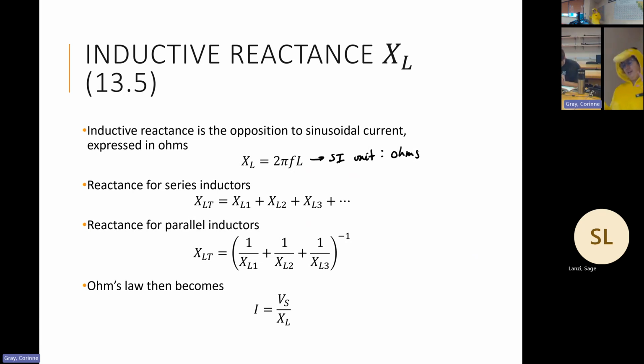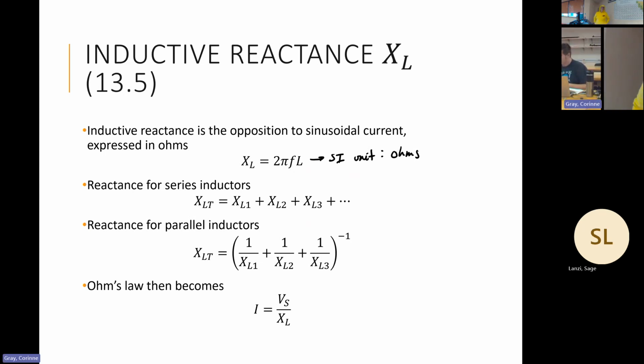We'll see that the reactance for a resistor, XR, is just equal to R. Which makes sense. So when we look at RLC circuits, we'll put everything into reactance. Now they're all resistors, and we go through and treat it that way. That's why we like reactance.